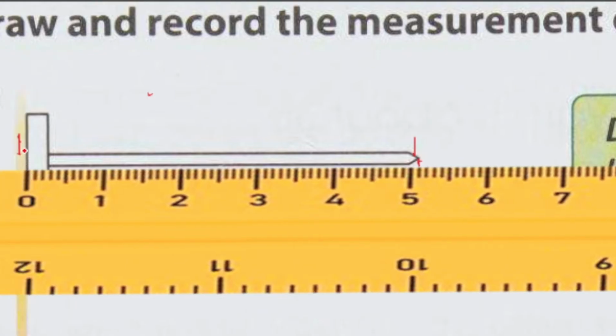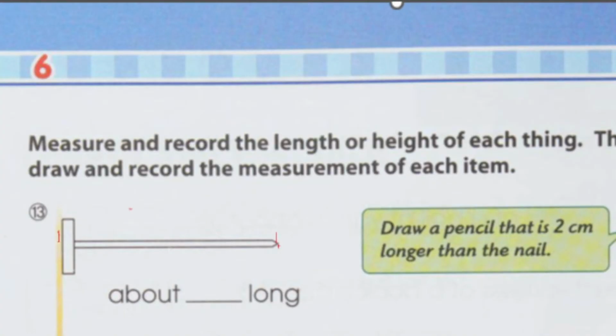So we have set zero to the edge of this pin, and this point with this end point of the pin. So this is 1, 2, 3, 4, 5, and 5.1. So the length is 5.1 centimeter.